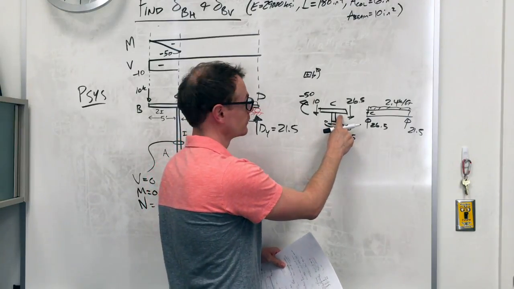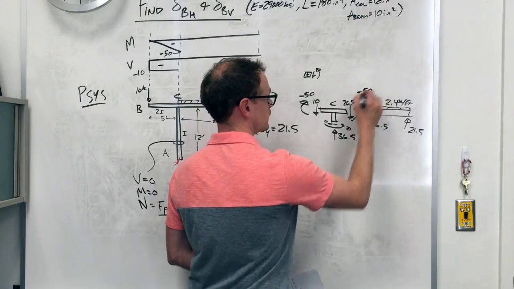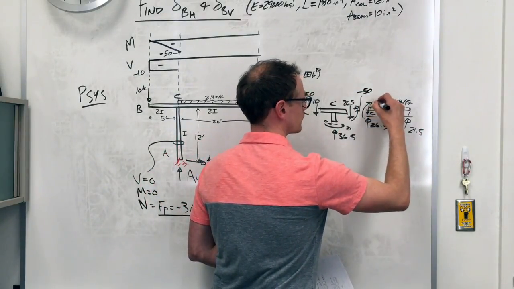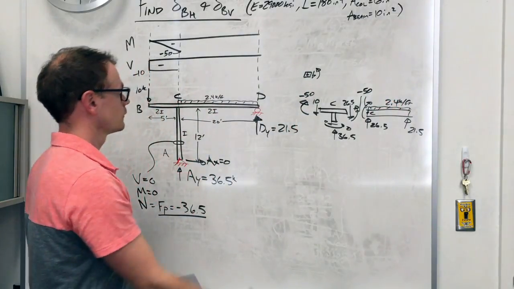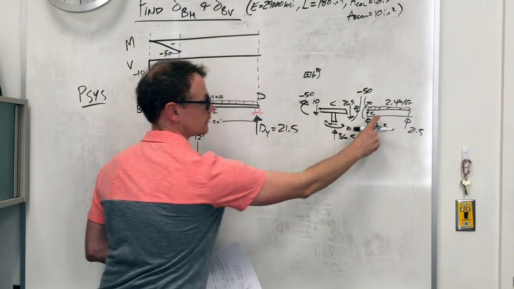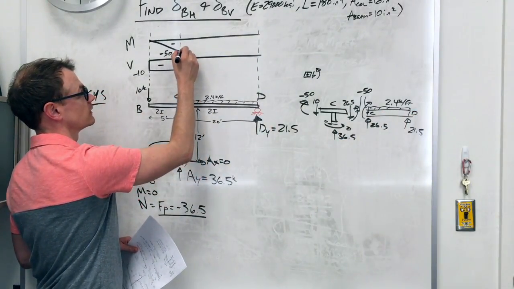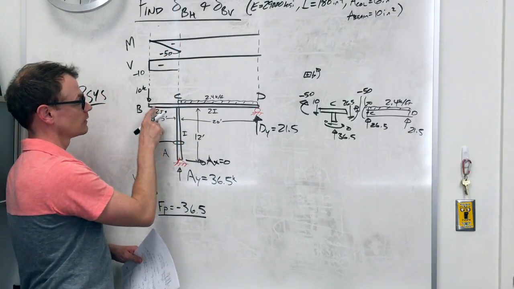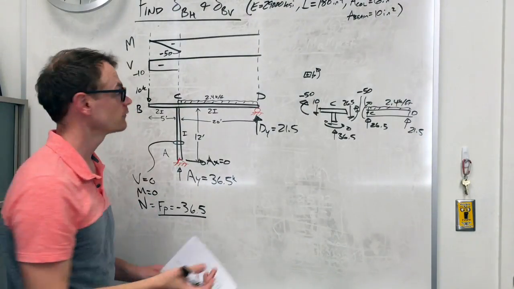For the joint to have equilibrium means this must be negative 50. On the other side of the cut must also be negative 50. So on this beam, CD, I expect to see negative 50 right here as well. Well, that makes sense because this is kind of like a continuous beam. So it should be negative 50.